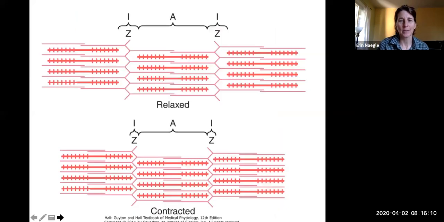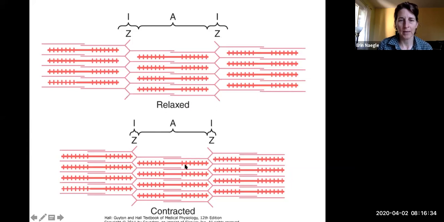All right, so relaxed versus a contracted state. Up above, we've got this relaxed state. Notice that right here's our A band from one myosin tip to the next. And here's our contracted state down here. What you should notice is the A band doesn't change.